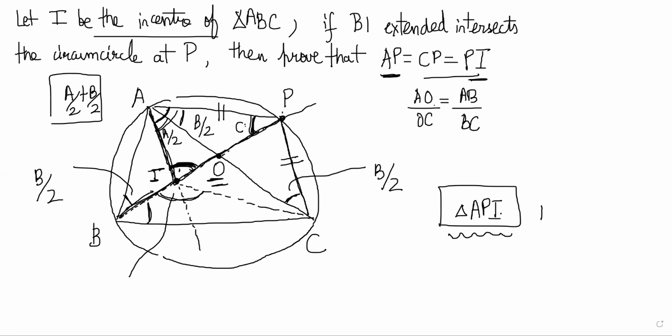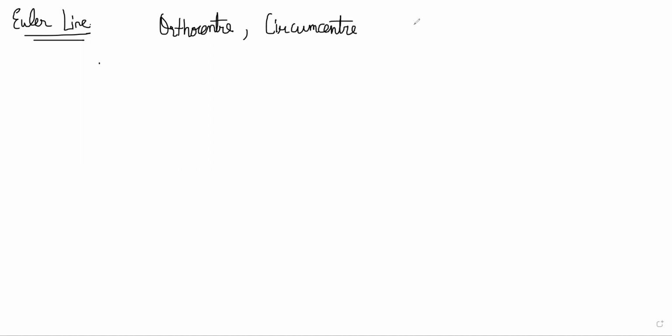Okay. Anyway, now we'll look at the Euler line. The Euler line result is that the orthocenter, circumcenter, and centroid lie on the same straight line. They are collinear, and there is a nice ratio.